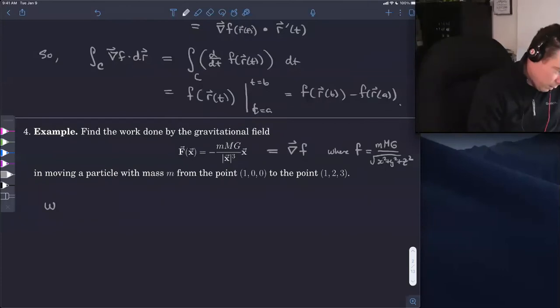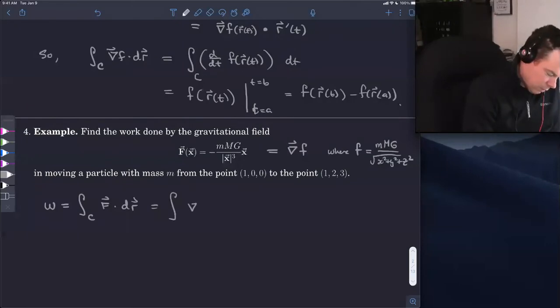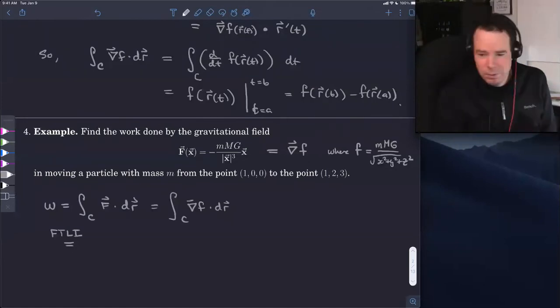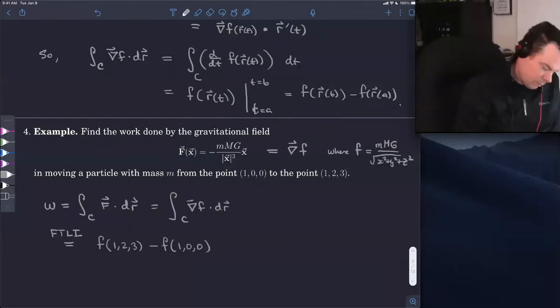So that means then the work is given by the integral of the vector field, which is the integral of the potential function, which by the fundamental theorem for line integrals, FTLI, which we can use as an abbreviation, is equal to f at the point 1, 2, 3 minus f of the starting point 1, 0, 0.